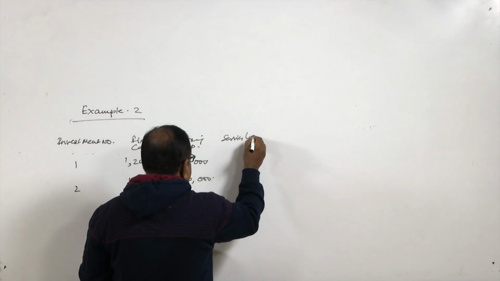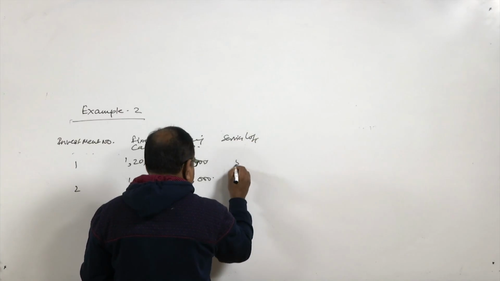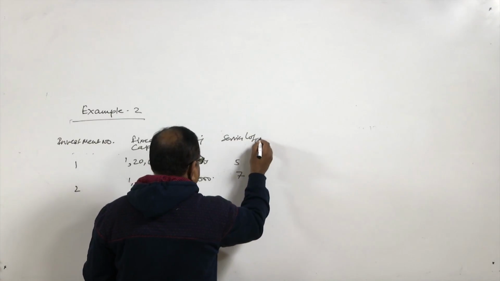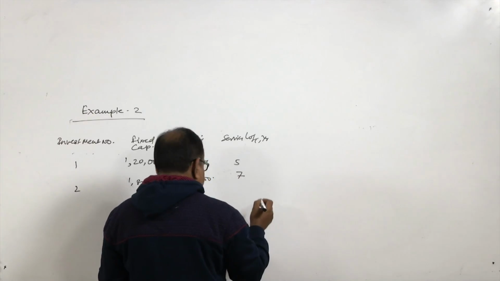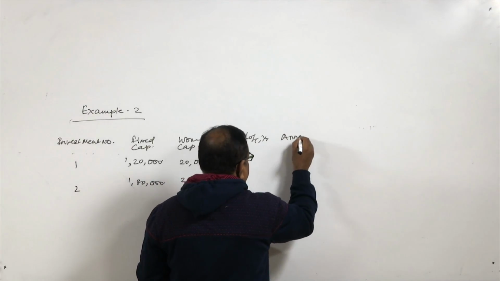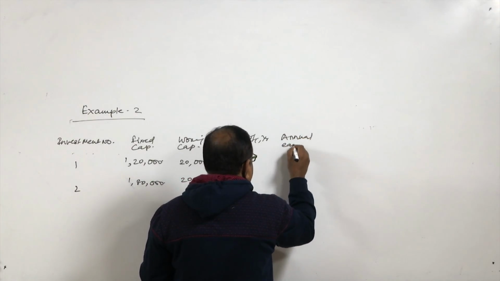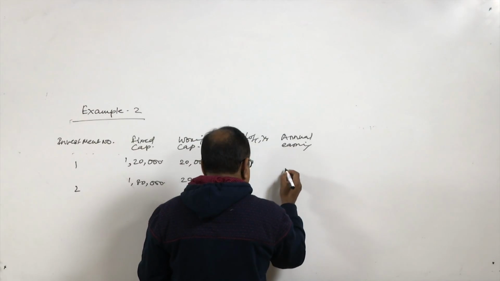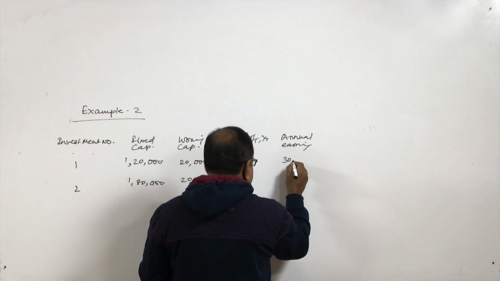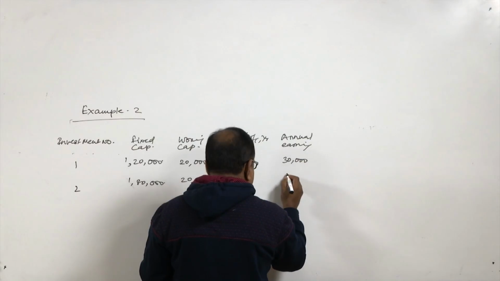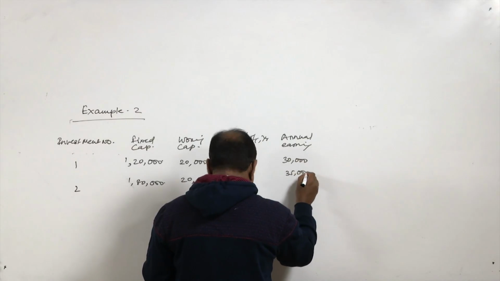Service life is 5 years and 7 years. Annual earning is 30,000 and 35,000.